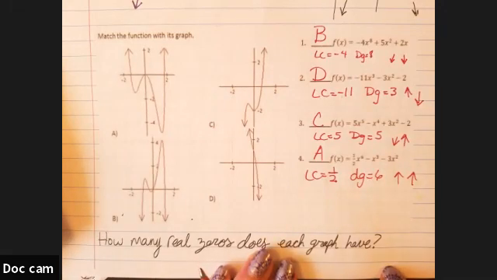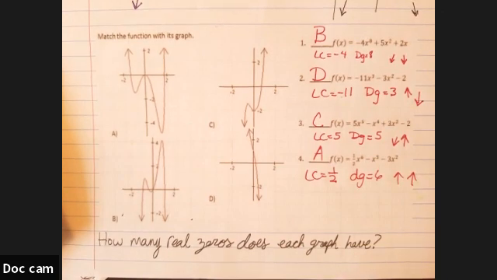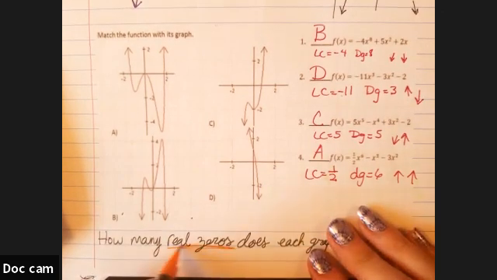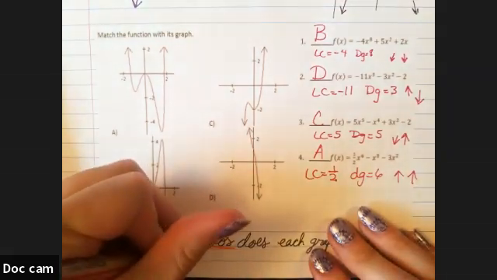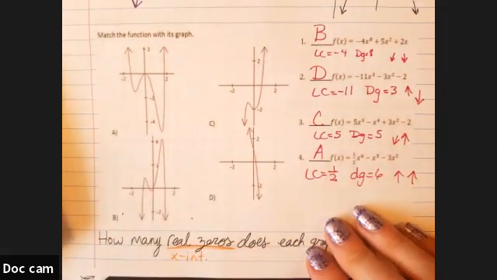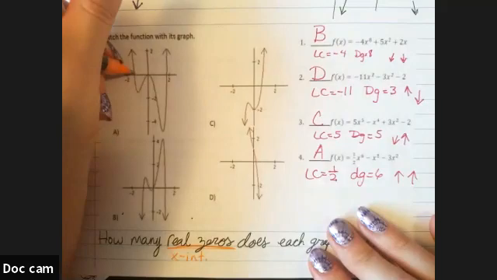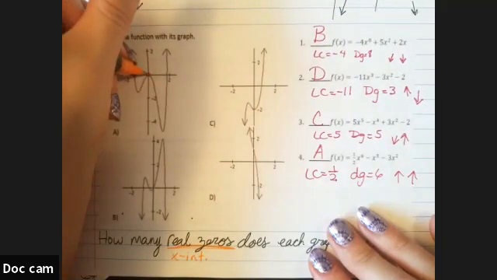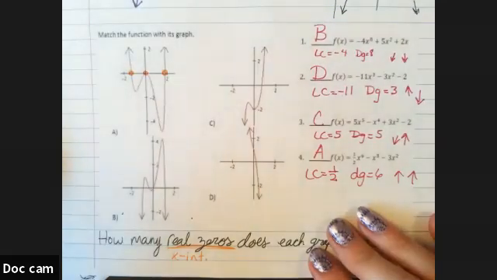All right, and how many real zeros does each graph have? Real zeros are the same thing as x-intercepts. So graph A has 1, 2, 3 real zeros.